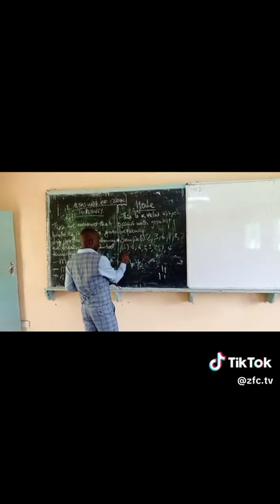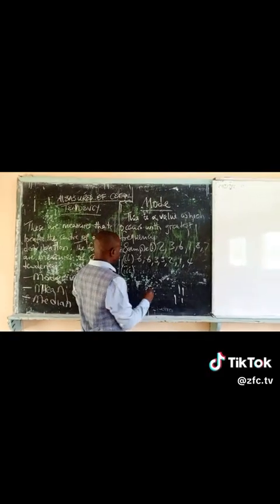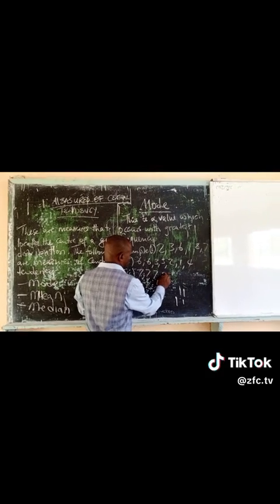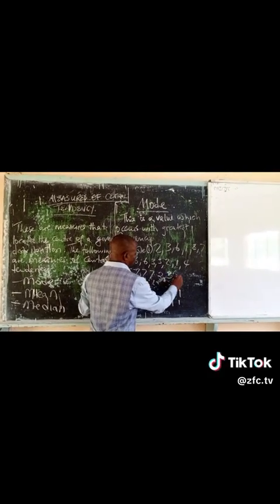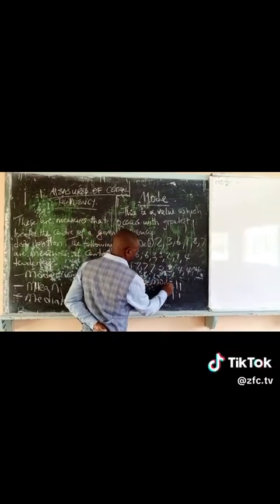Then the third one, you can have maybe 7, 7, 7, 2, 3, 4, 4, 4. Then you say 5 from the above.